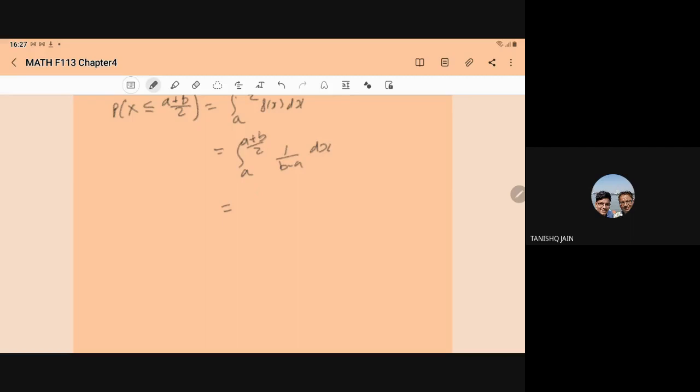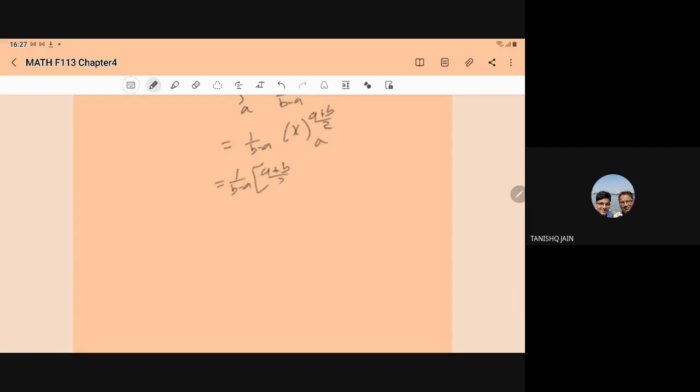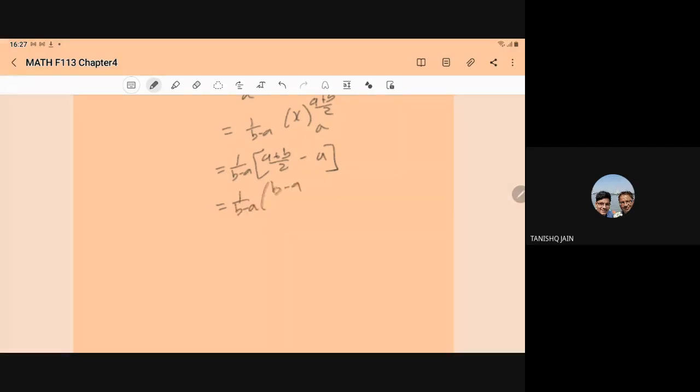So here we have 1 upon b minus a times x from a to (a plus b) by 2. This gives 1 upon b minus a times ((a plus b) by 2 minus a), which is b by 2 minus a by 2, that is (b minus a) by 2. So it will be 1 by 2, or say 0.5.